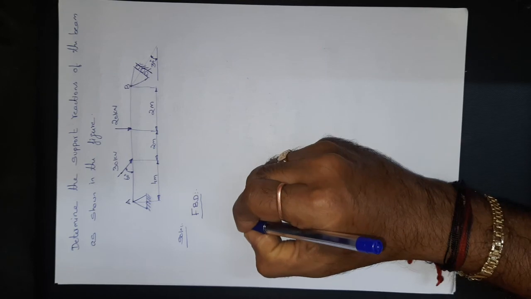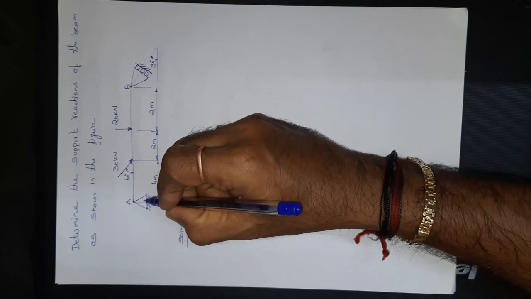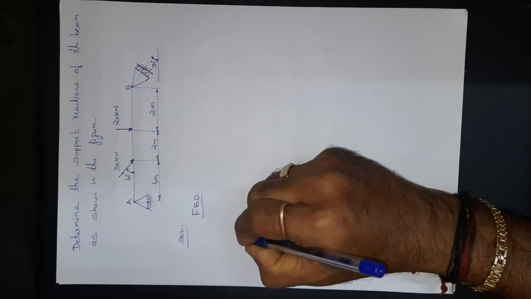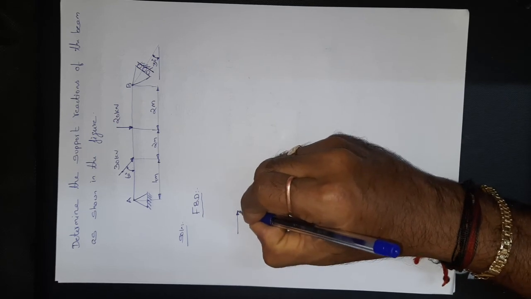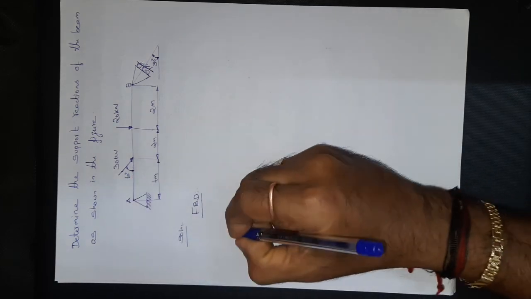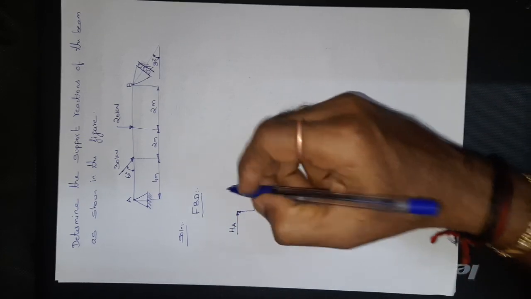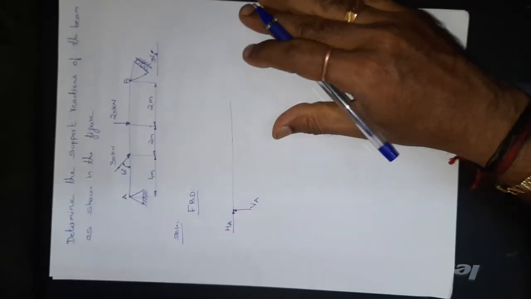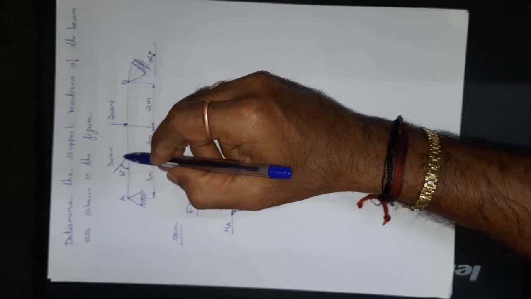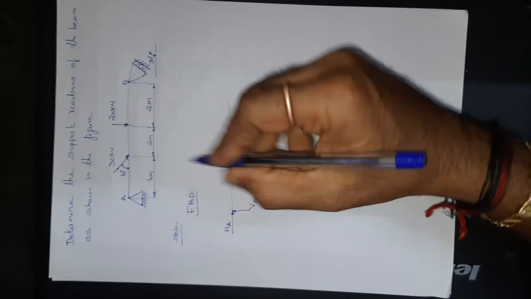So let me just start with the point A. At point A, the support is a hinge support, which will have a horizontal reaction and a vertical reaction. Since it is acting at point A, let me take this as HA and this as VA. Let me just extend the beam, right? And the inclined load needs to be converted into one vertical component as well as one horizontal component, right?